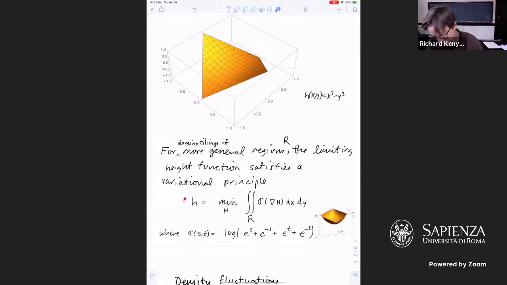And the expected height function, for given boundary values like here, satisfies some variational principle where you minimize a certain surface tension, which in the single dimer model, the standard single dimer model, which I've studied for many years, has kind of a complicated formula.